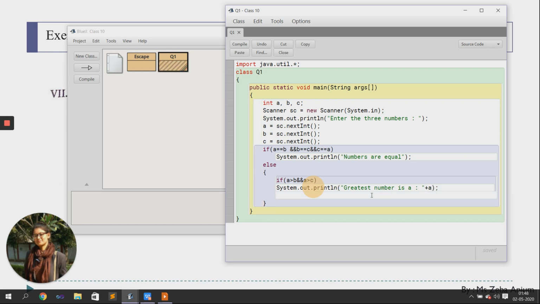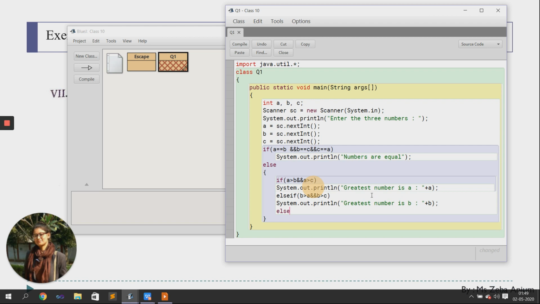Now let us use else if b is greater than a and b is greater than c as well. Again write: greatest number is b, with the value plus b.